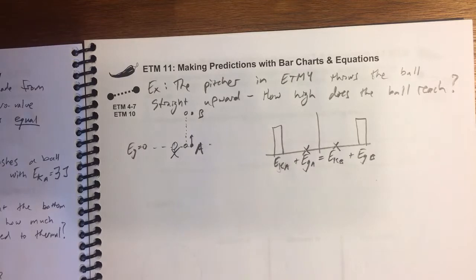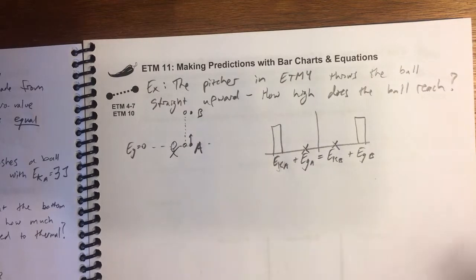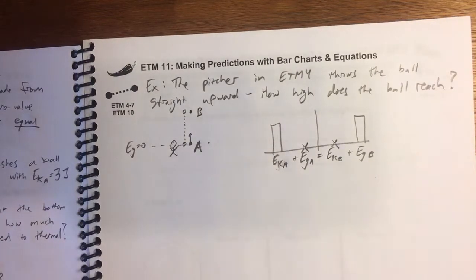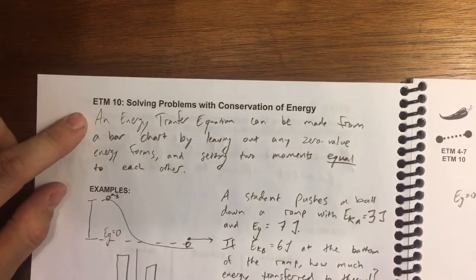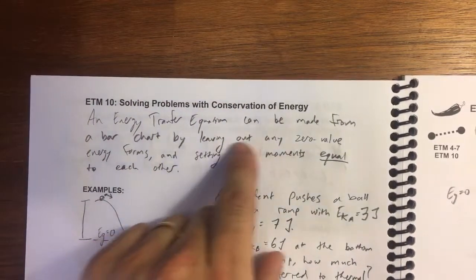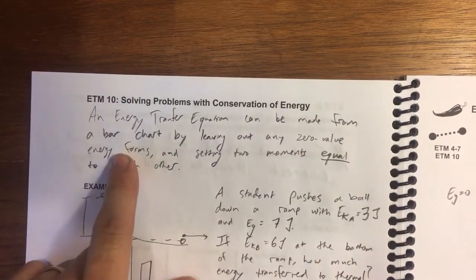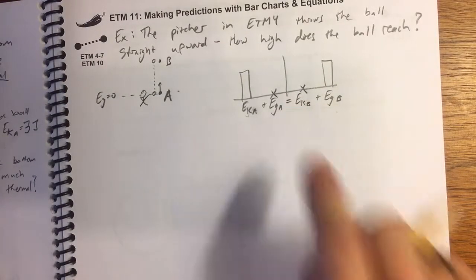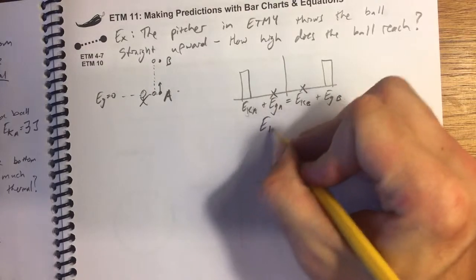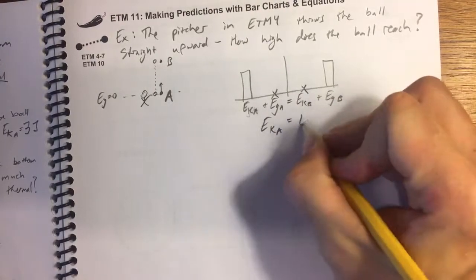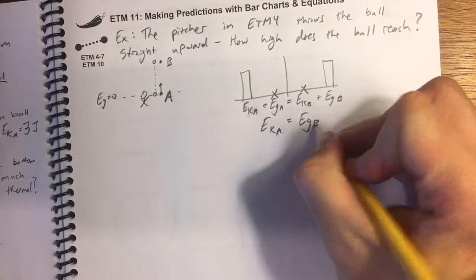This is all review so far, but what we're able to do here is essentially what we saw in ETM 10. We can leave out any zero value energy forms and set the two moments equal to each other. I've already set them equal to each other. What we're saying is EKA equals EGB.